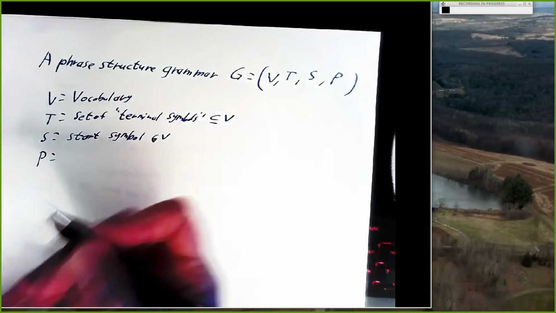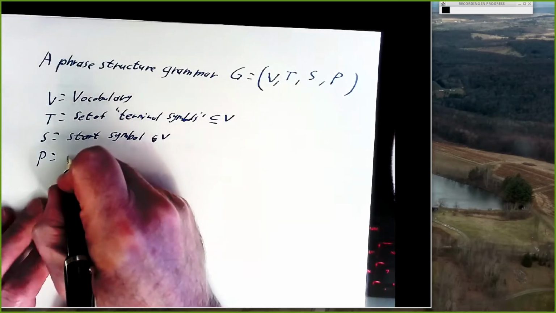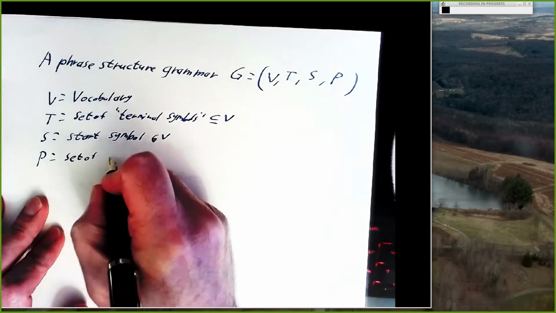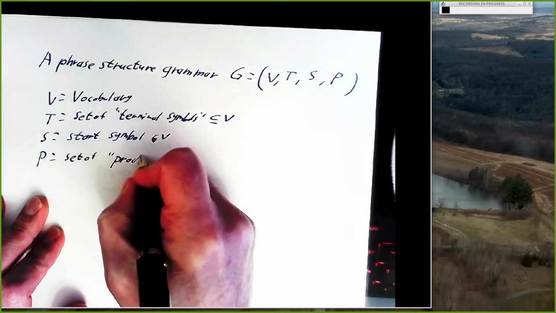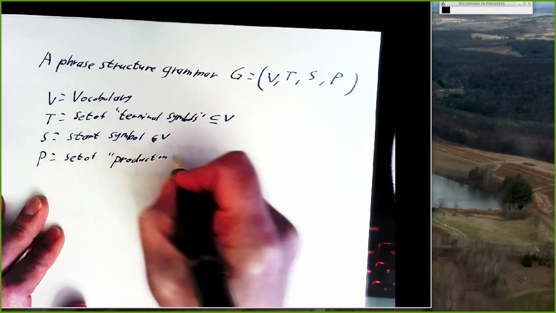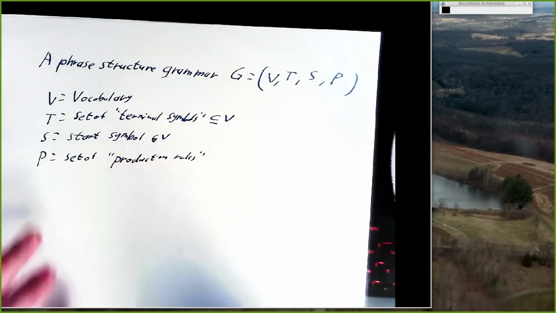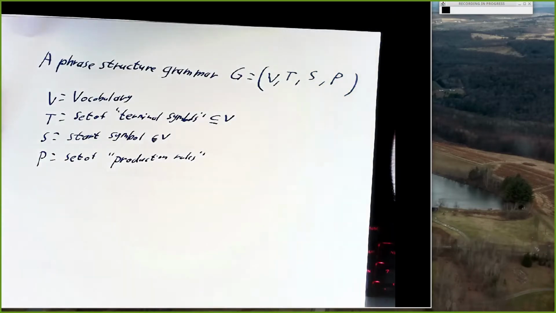And P is where all the good stuff happens. This is a set of production rules. Production rules basically let us turn one string into another, or let us produce or create strings from other strings.